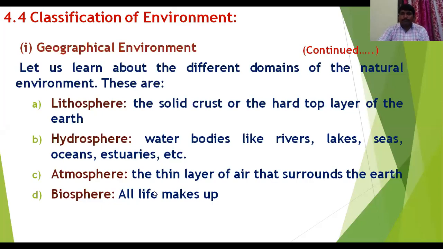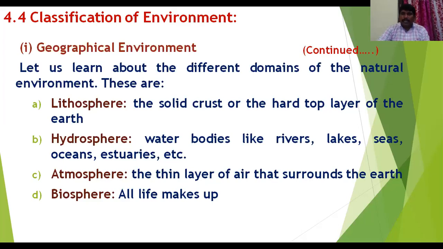Now, these are the lithosphere, hydrosphere, atmosphere, and biosphere. Here, lithosphere. The lithosphere is the solid crust or the hard top layer of the earth. It is made up of rocks and minerals and covered with a thin layer of soil.